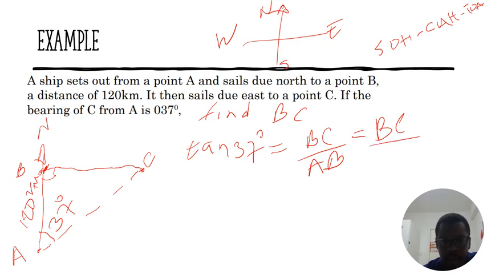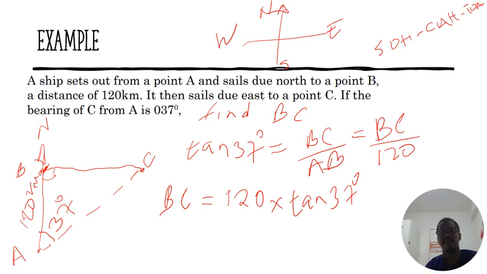This is not known, but AB, we have noted that it's 120 kilometers. We do the same. BC will be equal to, making BC the subject of the formula, 120 multiplied by tan 37.